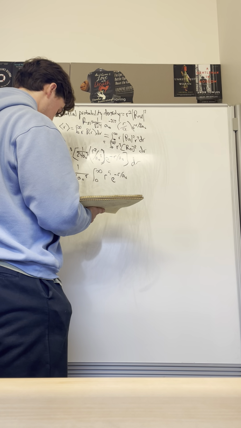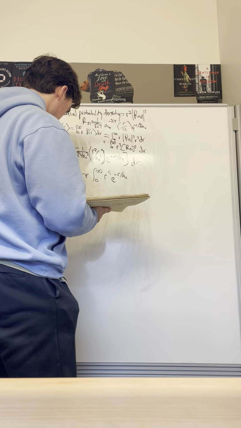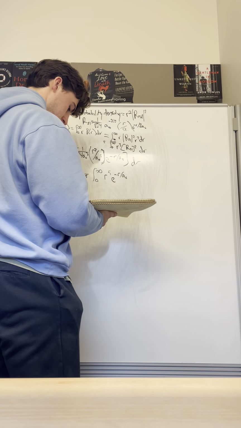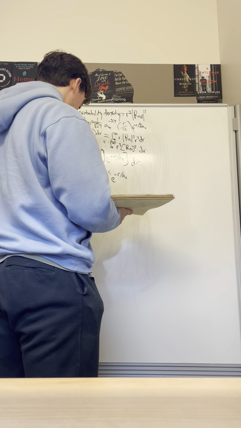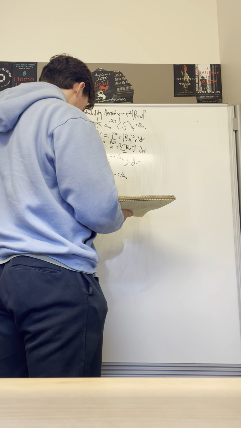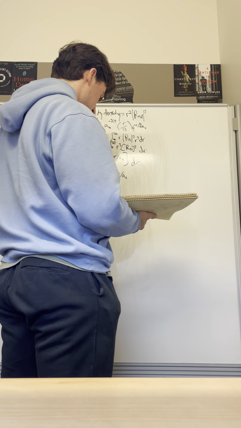So then, by rule, we know that if we have x to the n e to the negative ax, the integral equals n factorial over a to the n plus 1. So we can plug this into here.